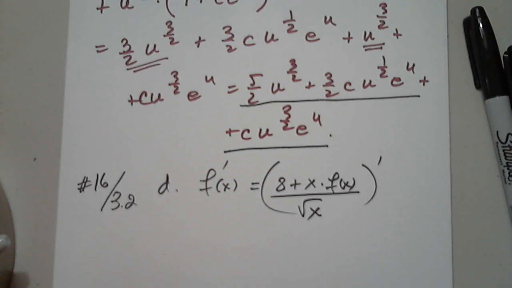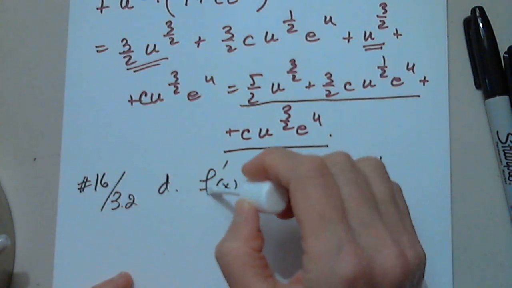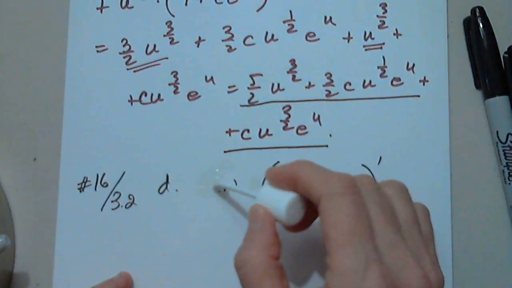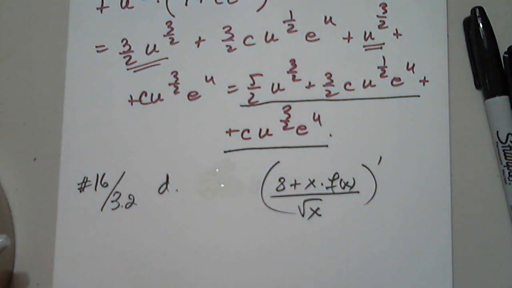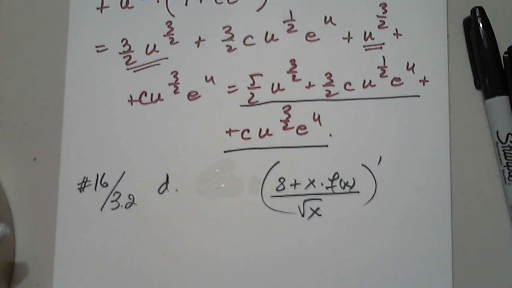So let me read it back to you. 8 plus x times f of x in the numerator, and the denominator has the square root of x. Yes. And we want to find the derivative of this function, knowing that f of x is differentiable. Correct. Perfect. So let's analyze the function first. What would you do or say we should do? Any suggestions here?